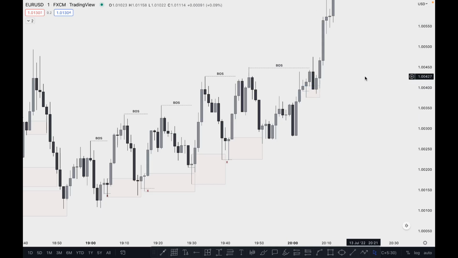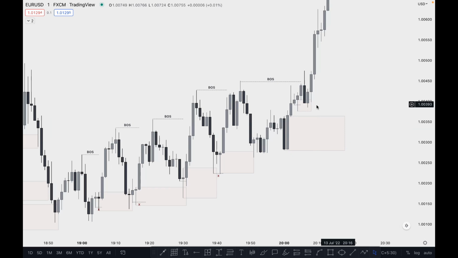Okay, and why I did not choose this one, because it did not take out any low. Okay, and some people mark this as an order block and they are still waiting for the mitigation and they miss the trade, but actual move happened here because market taken out this liquidity here and push higher and then came back downside and mitigate this zone and push higher.